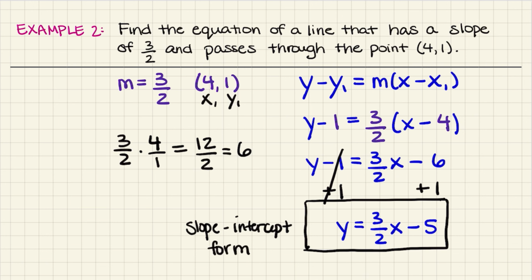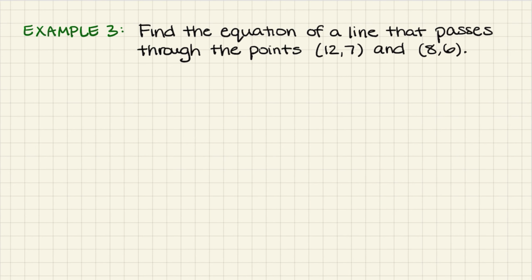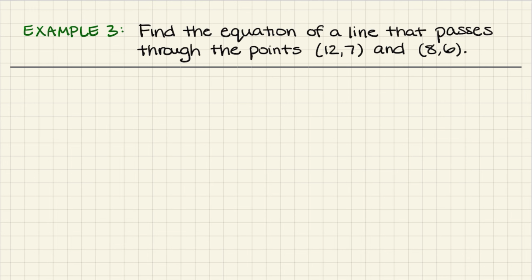Now let's try an example where we're given 2 points. So here we're still finding the equation of a line, but it gives us 2 points. It passes through 12, 7 and 8, 6. So for this one, we're still going to be using our equation y minus y1 equals m times x minus x1.